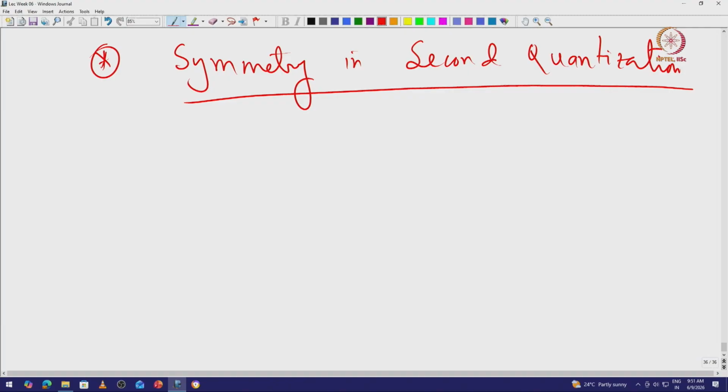We briefly introduced what second quantization is, and we will do that again, the necessary parts.